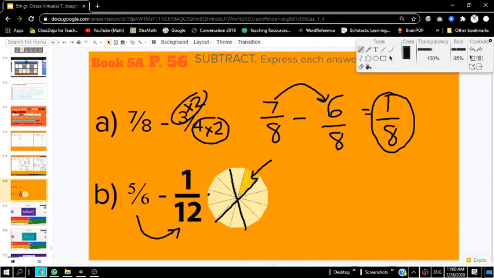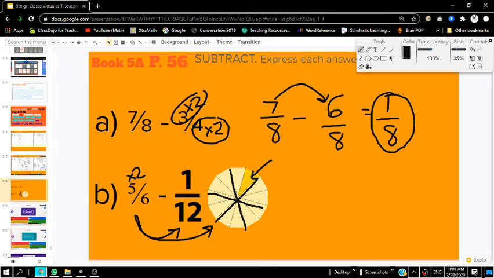Okay? And if I wanted to change this to 12ths, the 6ths right here represented would have to be multiplied by 2, right? Because I split 12ths into 6 equal parts.